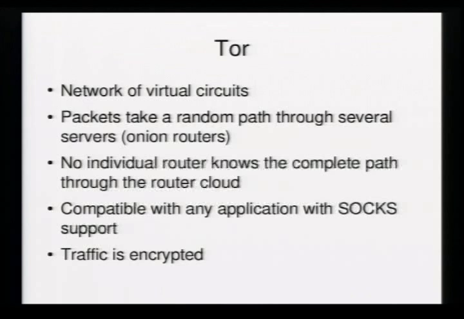So each individual router only knows its immediate upstream hop and its immediate downstream hop. So anyone who is actually trying to know where traffic is destined for or comes from is not really able to determine that. There are attacks, however, if someone is able to watch every single entry and exit router out of this network, based on some timing attacks, you could get some information.